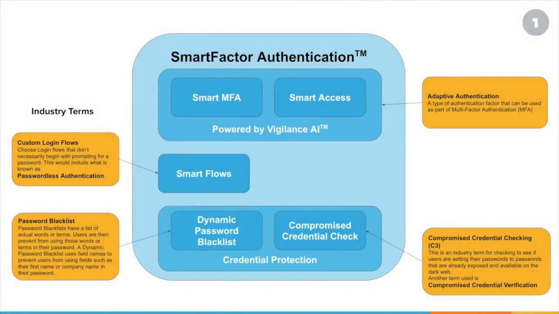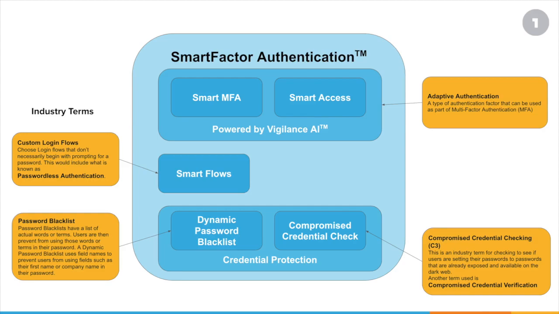SmartFactor Authentication includes 6 components. An AI engine that tracks user login behavior and generates a risk score that reflects how close to the user's normal login behavior each login attempt using that user's credentials is.